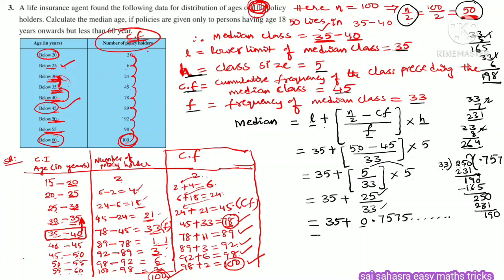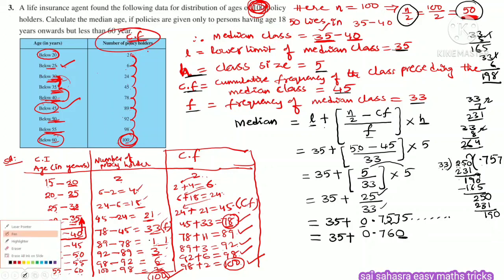Next, this repetition, approximately I want to take 0.757. The nearest rounded figure is 0.760, and since the extreme 0 is there, it can be avoided.